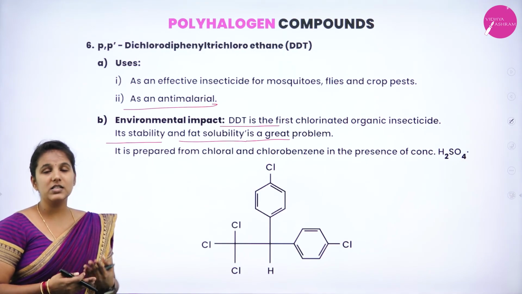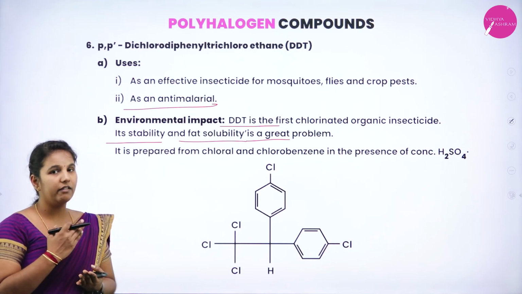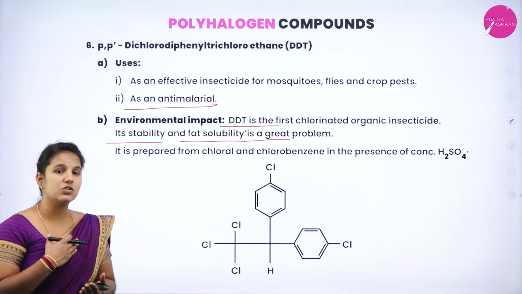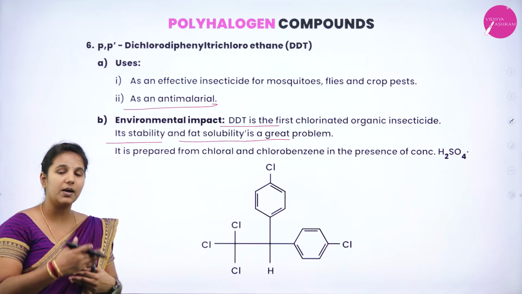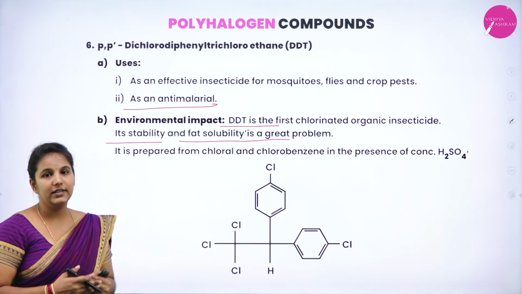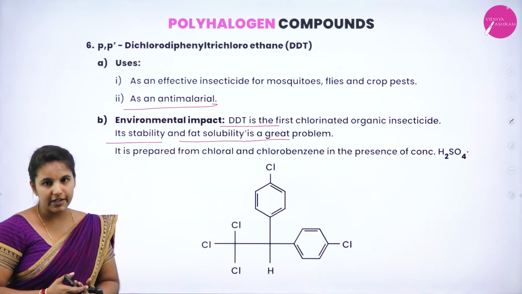That is why it is not easily degradable. Nowadays, in most countries, they have stopped the manufacturing of DDT because it's not good for health. It keeps recycling through every cycle of our life. That is why it is not completely degrading. It is banned in most countries.